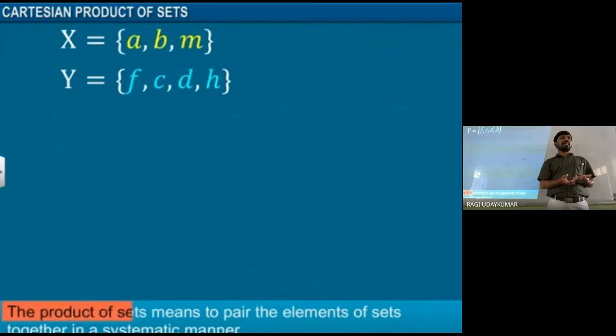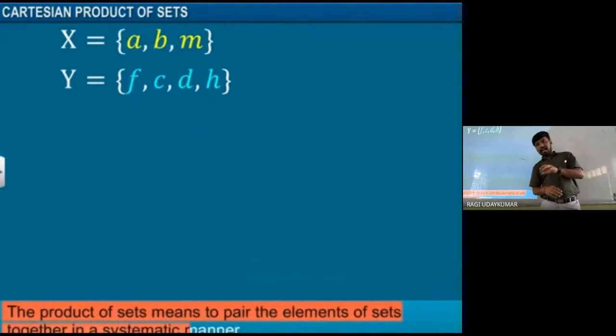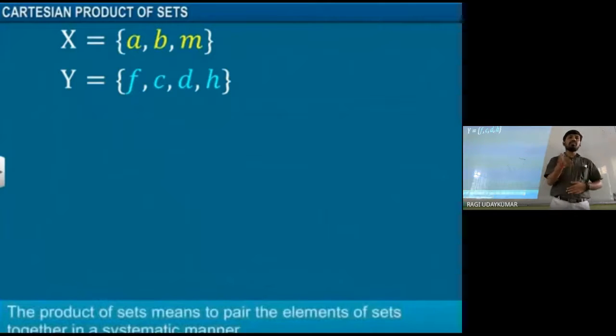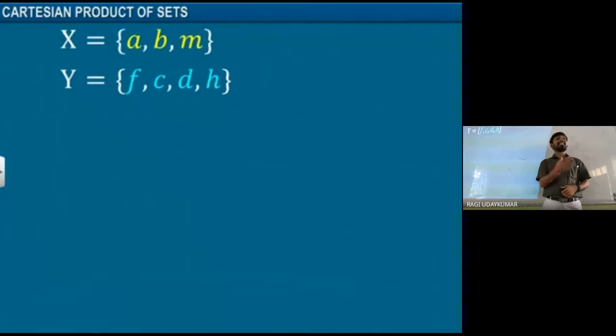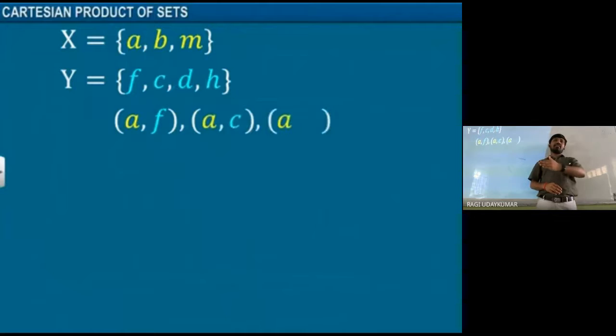But now the product of two sets is the Cartesian product. We take ordered pairs: one element from the first set, the second element from the second set.